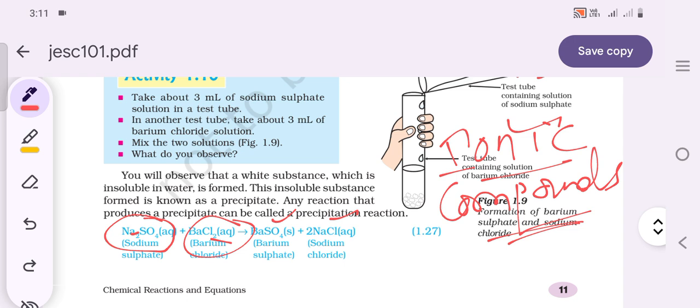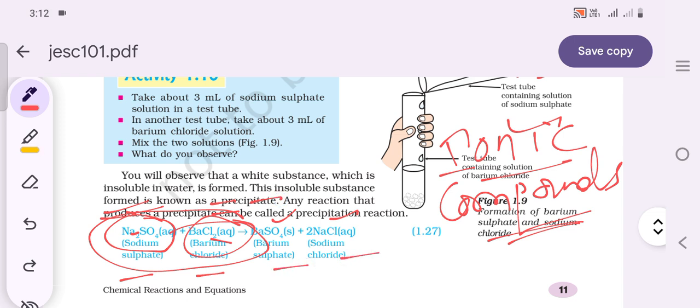Here, two ionic compounds in aqueous solution, such as sodium sulfate and barium chloride, exchange ions, meaning cations and anions. Cations have a positive charge and anions a negative charge.